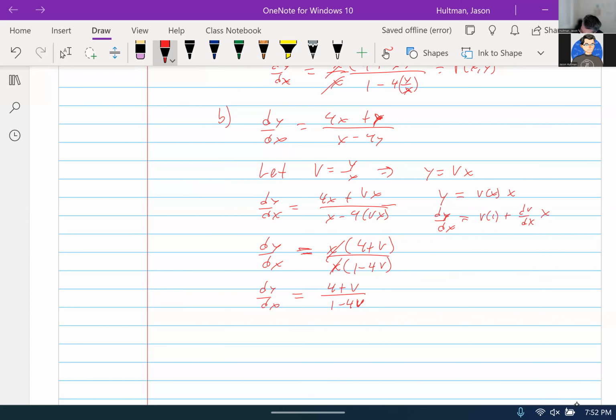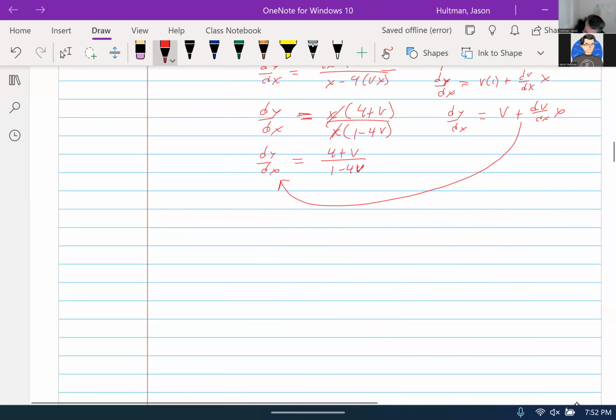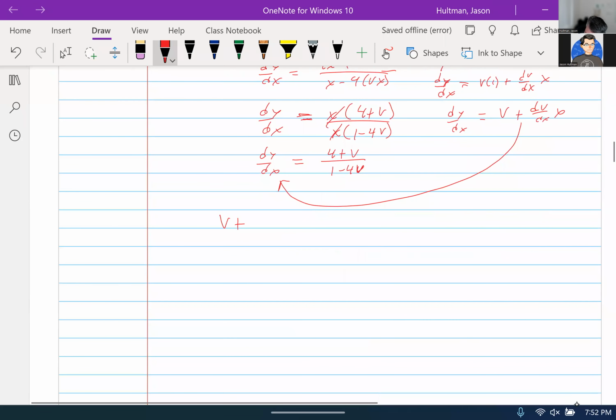So this is just v times 1. So dy/dx is equal to v plus dv/dx times x, and that, my friends, is going to go there. So v plus dv/dx times x is equal to 4 plus v over 1 minus 4v.